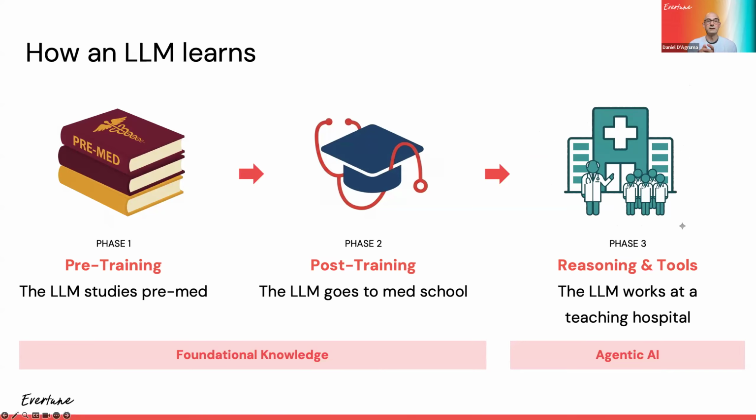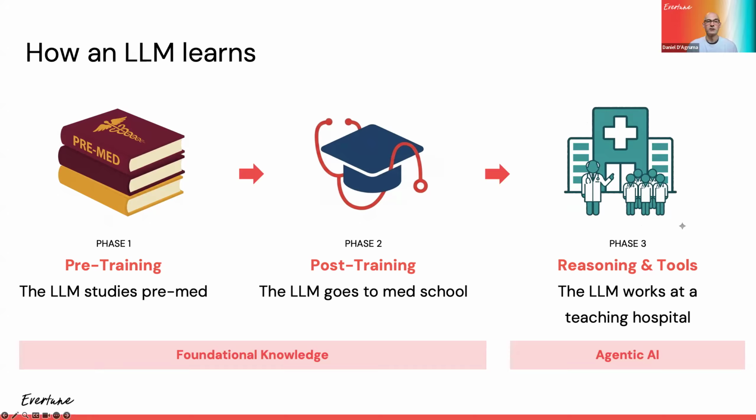Phase three is reasoning and tools. So no matter how much the LLM has learned during training, there will always be gaps in its knowledge. And new information is always coming out that's been created after the model was generated. So this is where reasoning capabilities and tools come in. So think of this as the LLM's first job at a teaching hospital.